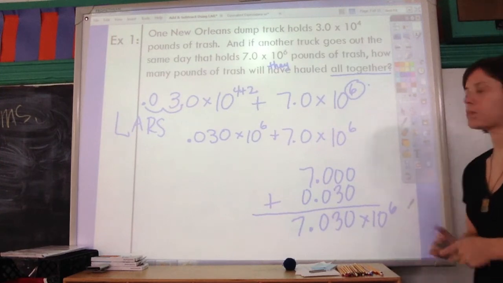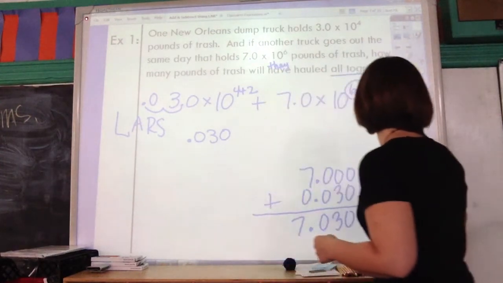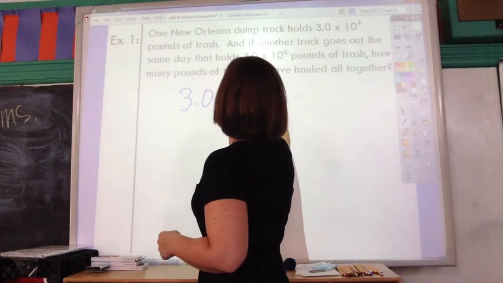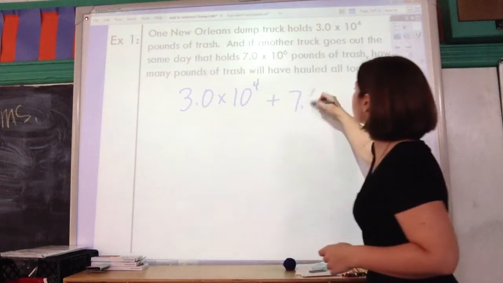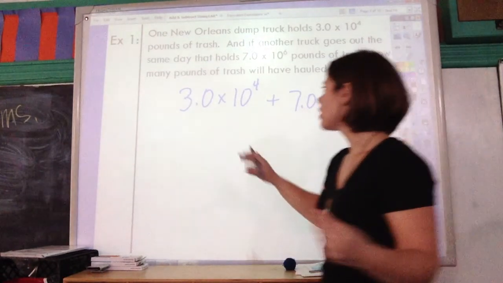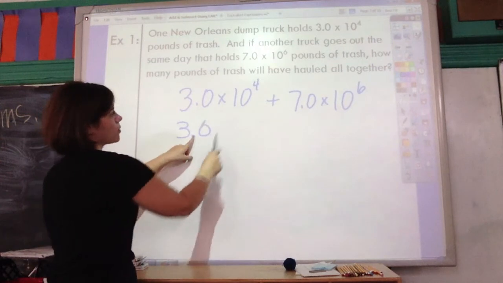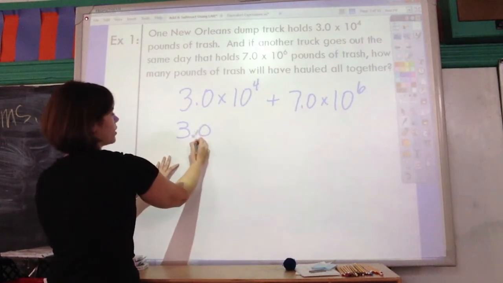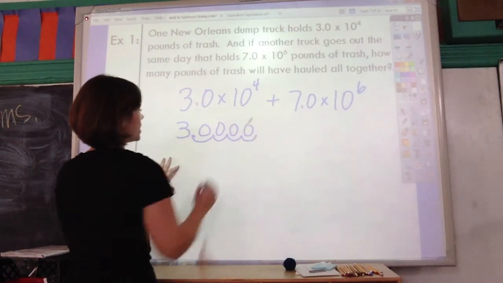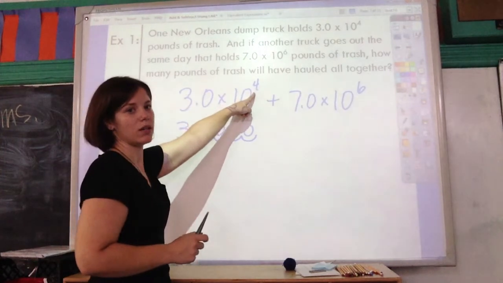Let's solve it by actually expanding it out. Okay, 3.0 times 10 to the 4th plus 7.0 times 10 to the 6th. To expand these out, I pull out my coefficient, and then I move my decimal the same number of times as the exponent. 1, 2, 3, 4. I know that I'm trying to make this number greater than 3 because this exponent is positive.